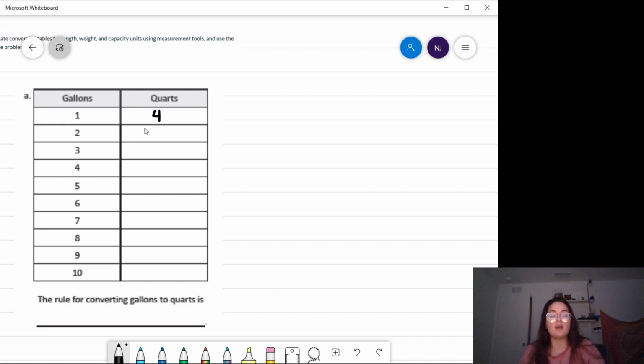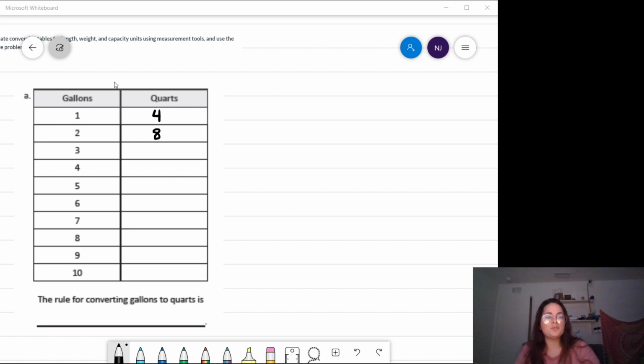So then how many quarts would be in 2 gallons? If you said 8 quarts would be in 2 gallons, then you would be correct. Go ahead and pause the video to give yourself some time to fill out the rest of this conversion chart, and then maybe you can also figure out what is the rule for converting gallons to quarts.